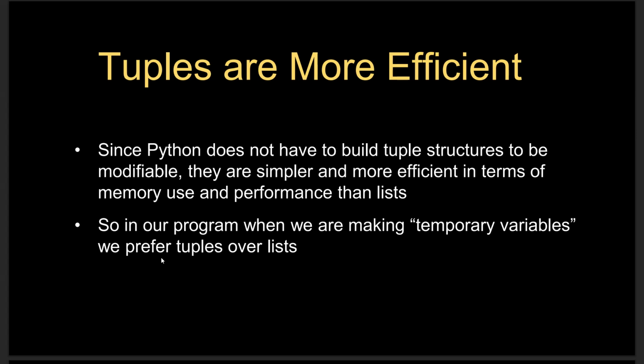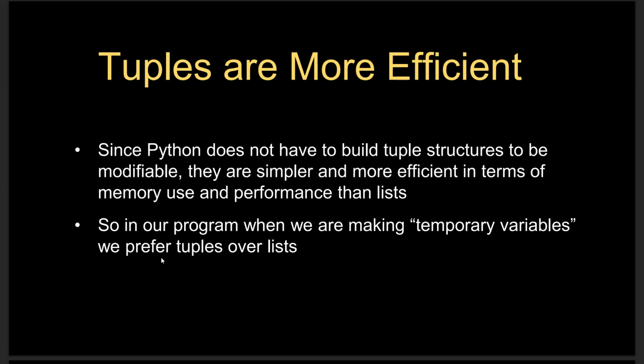Why? We cannot do any content changes or add any other elements to the tuples, but we can add as many elements as we want to the list. Because of the adding nature and the content changing nature, it needs much more memory than tuples because of the mutability.